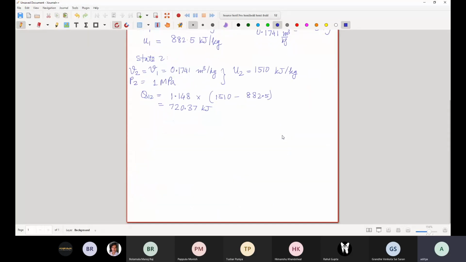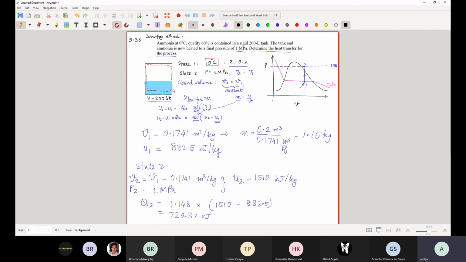I will just tell you the strategy, and I request you to look it up in the actual table. First thing, because you know that everything is in the saturated dome, it immediately makes life easy.